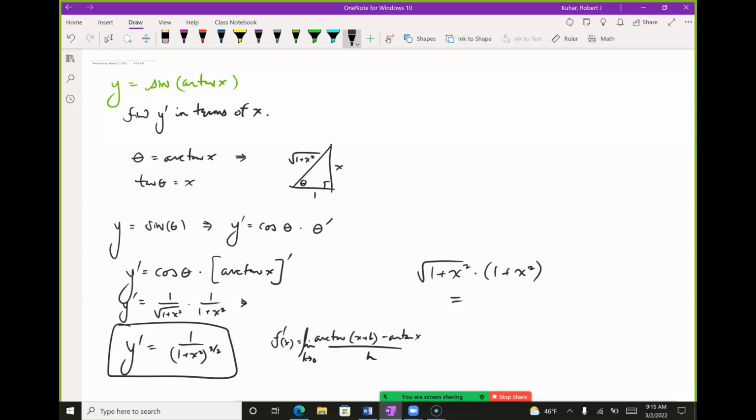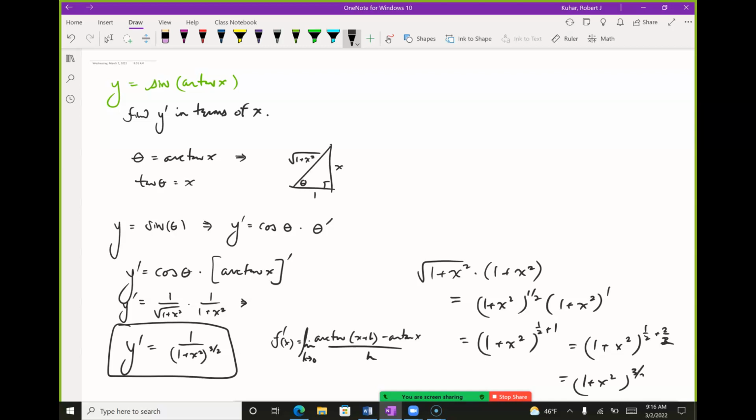So that is 1 plus x squared to the half power times 1 plus x squared to the first power. When I have like bases, I'm going to add the exponents. So 1 half plus 1 is 3 halves, or 1 half plus 2 halves, and that's my 3 halves. I got it. Thank you. Yeah, nice.